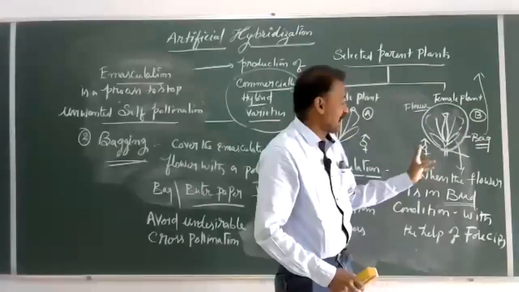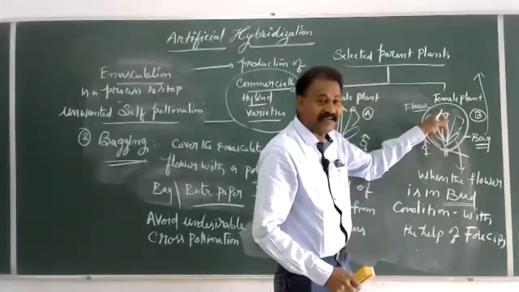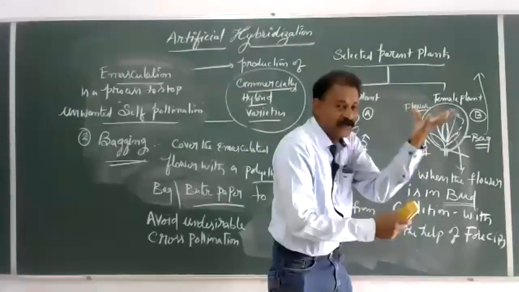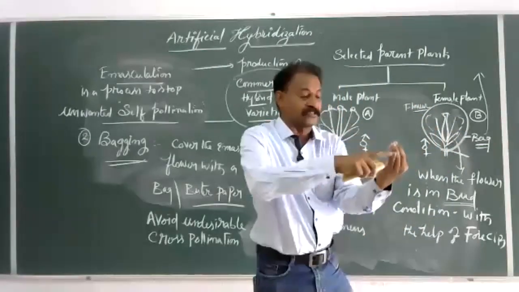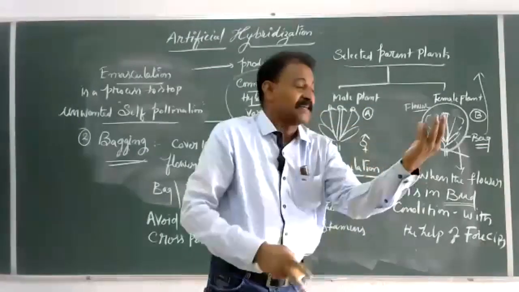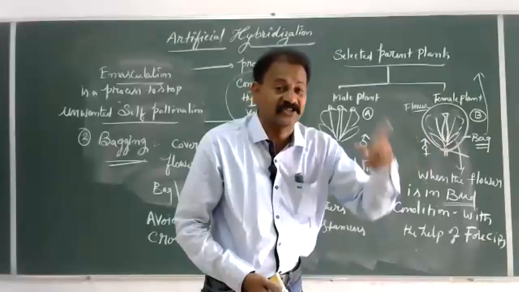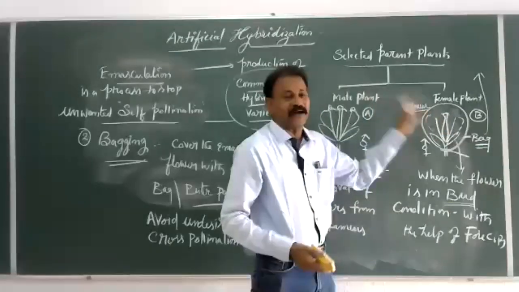If it is bisexual, there is a chance that self-pollination may occur. That's why we are going to stop this self-pollination before it is opening. So when the flower is in bud condition, with the help of forceps, we remove and cut the anthers. Removal of anthers with the help of forceps when the flower is in bud condition is called emasculation.